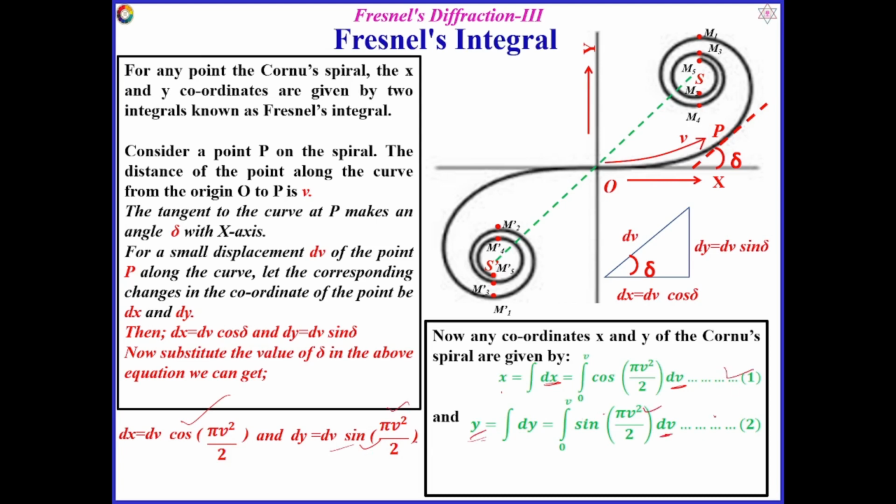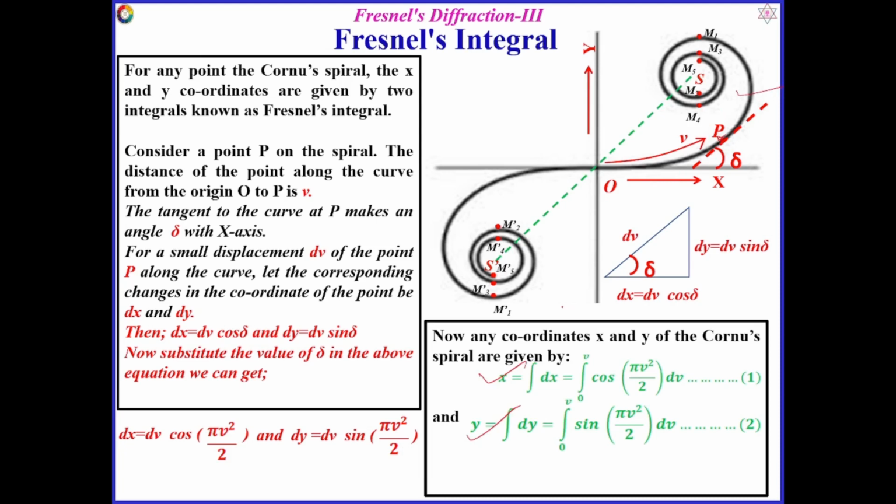These are equation number 1 and equation number 2. As we consider a particular distance v from here to point P, we put the limits 0 to v. Then we can find the x component and y component of a particular point on the spiral.